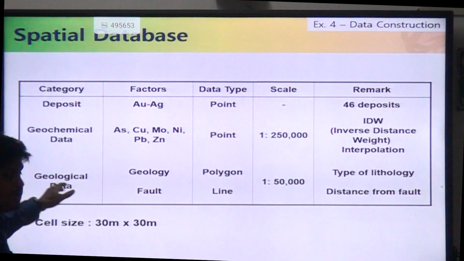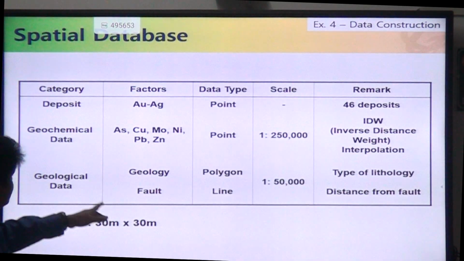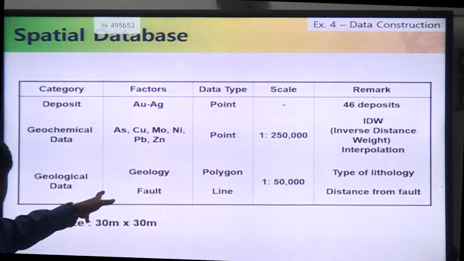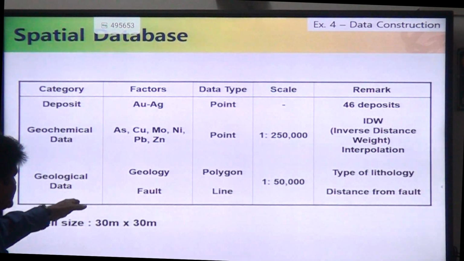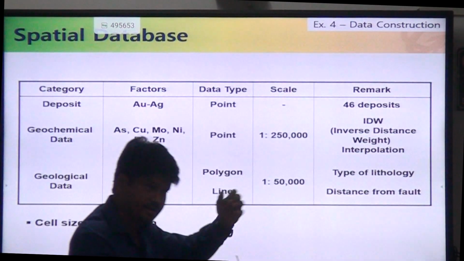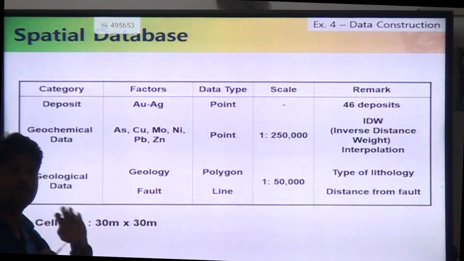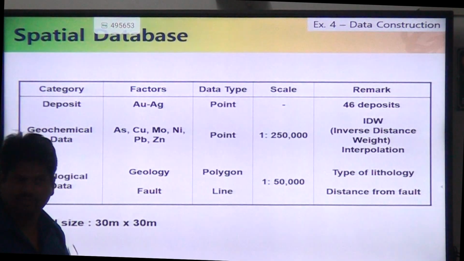Then geochemical data: what are the indicators? They have arsenic, copper, nickel, lead, zinc. Then they have geological data, which is the geology and the fault. Fault is also an indicator, and different types of geological lithology also point to a particular kind of area.